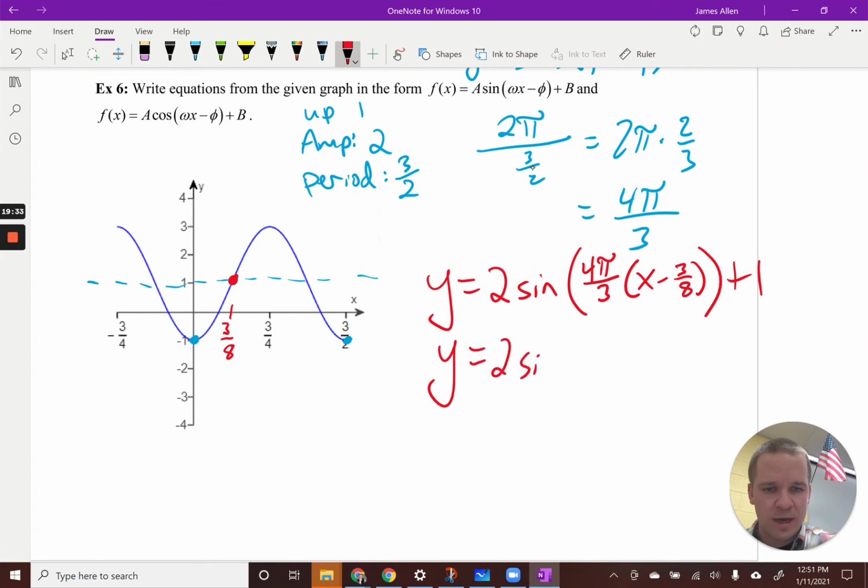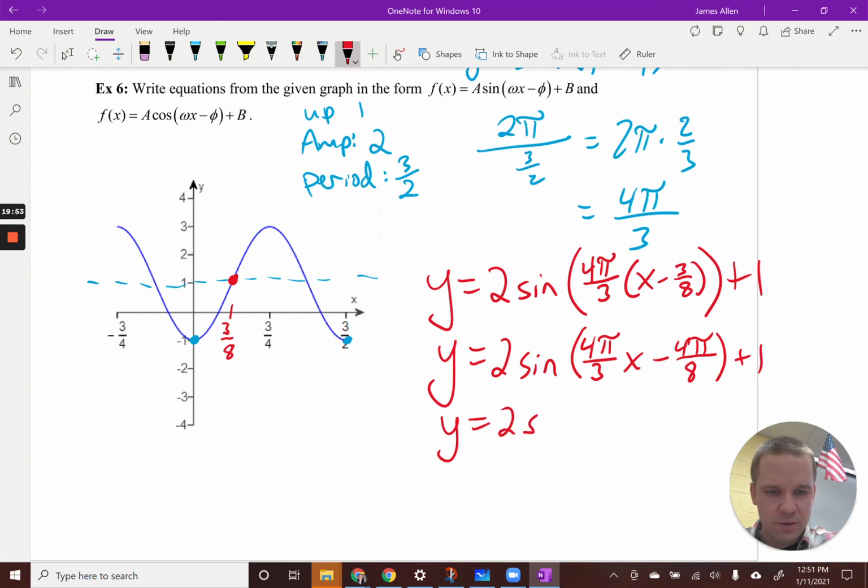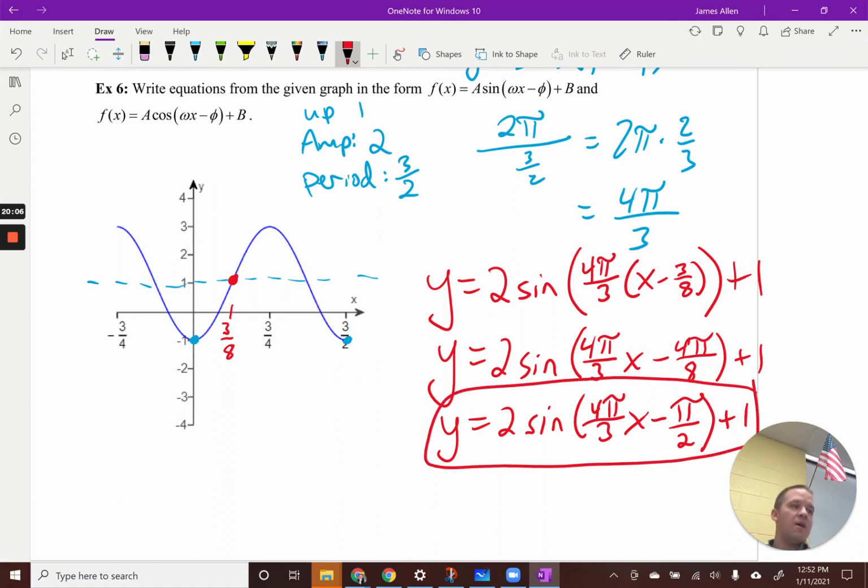So y equals 2 sine 4 pi over 3 x, and then when I distribute, the 3's would cancel and the 2's would cancel, leaving 4 pi over 8, which I can simplify further. y equals 2 sine 4 pi divided by 3 x minus pi over 2 plus 1. So there is my sine function.